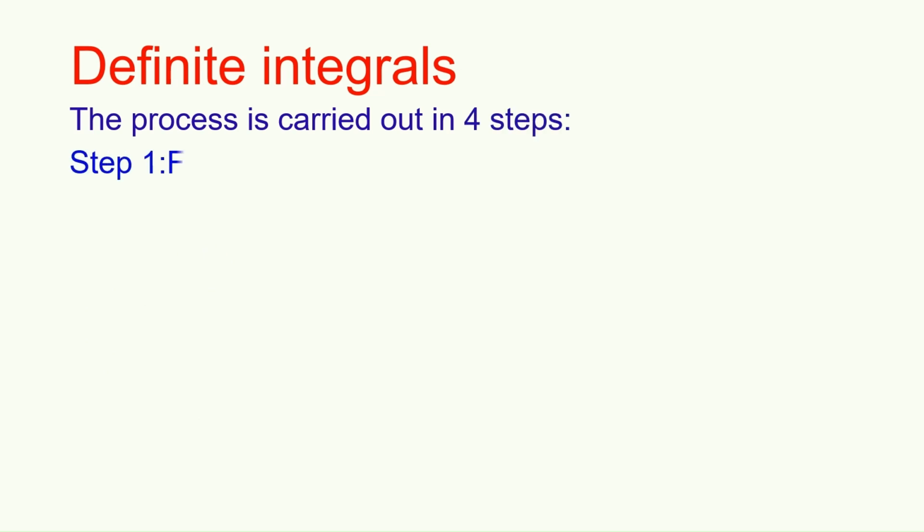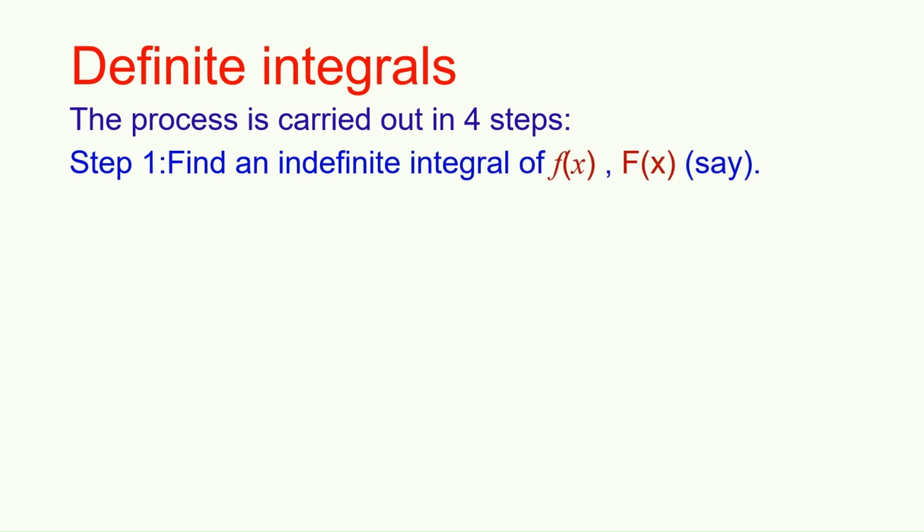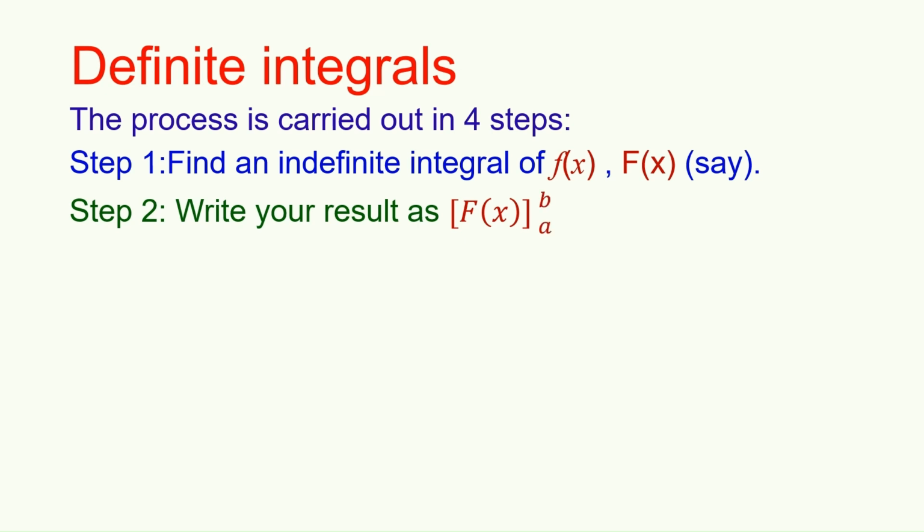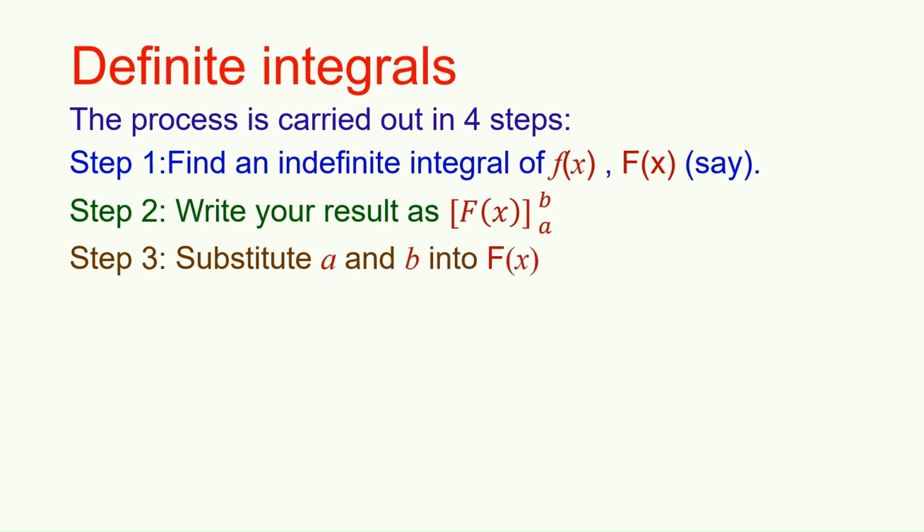The process is carried out in 4 steps. Step 1. Find an indefinite integral of f(x), say it is capital F(x). Step 2. Write your result in square brackets, capital F(x) with subscript a and superscript b. Step 3. Substitute a and b into capital F(x).